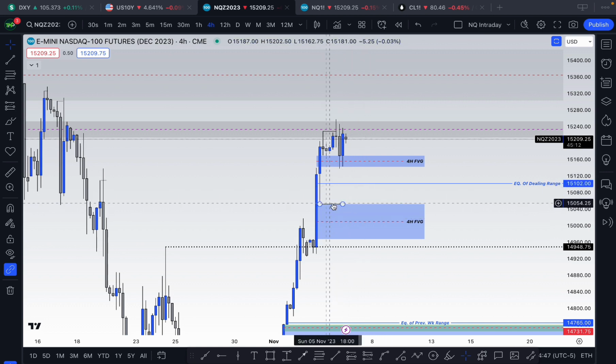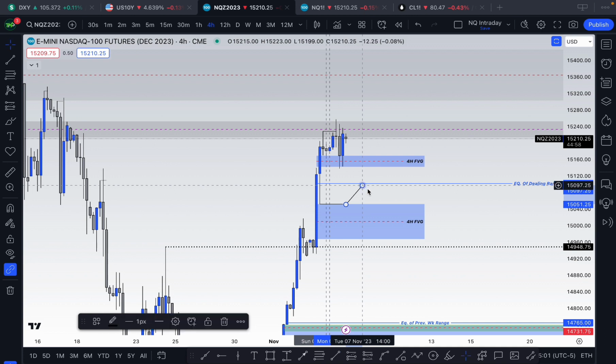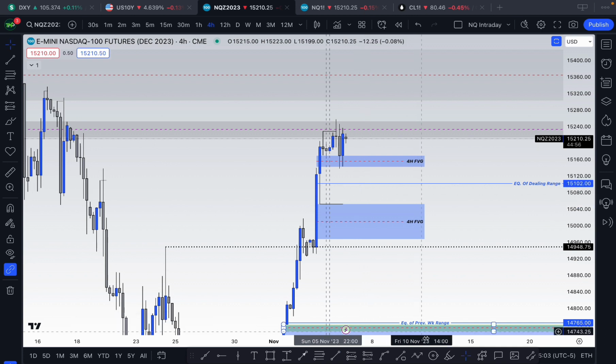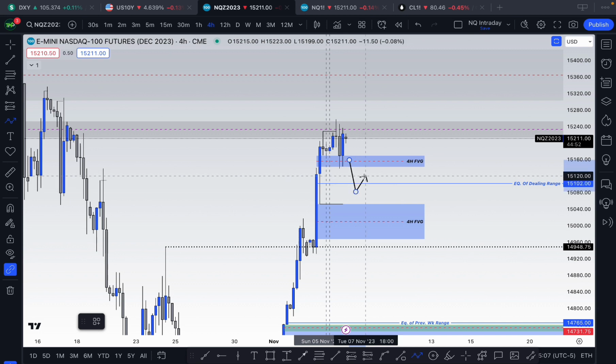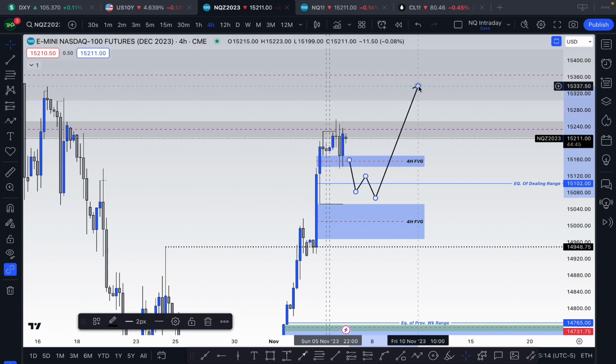Or if this low right here, there's an SMT down here where we take it here, but ES comes down and breaks this low. So say we're here at this low, but ES doesn't make, or actually, probably, let me see this. We're trading down here, but NQ fails to make a lower low, and then it starts to move higher that way.